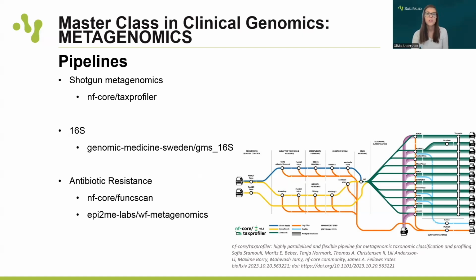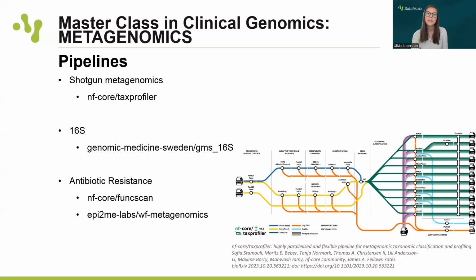For example, shotgun metagenomics generates highly complex datasets that require comprehensive tools, like those provided in the nf-core taxprofiler pipeline, which accommodates both long and short reads for robust taxonomic profiling.